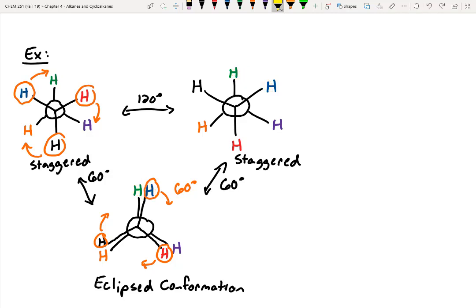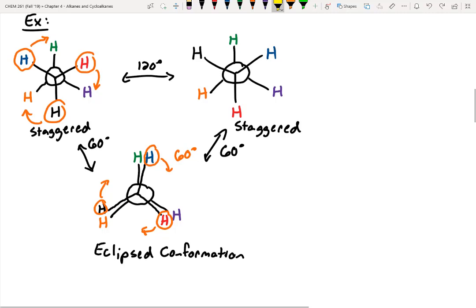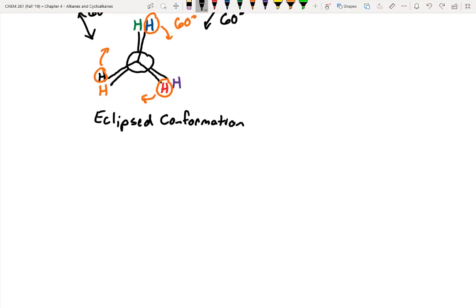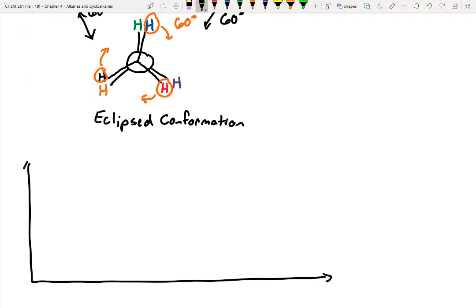All right, so now let's imagine this. We often like to show this using energy diagrams. So I'll just write energy here, and then rotation down here. All right, so we said staggered is more stable, so it's going to be lower in energy than eclipsed.